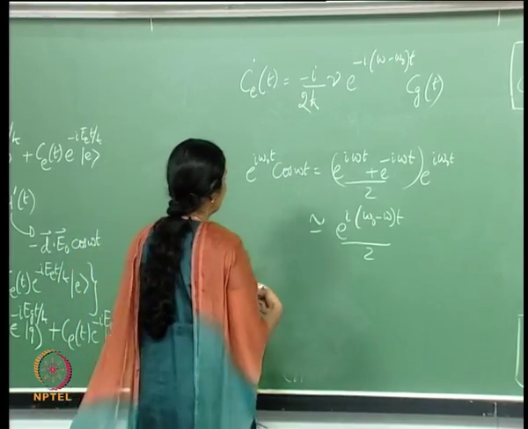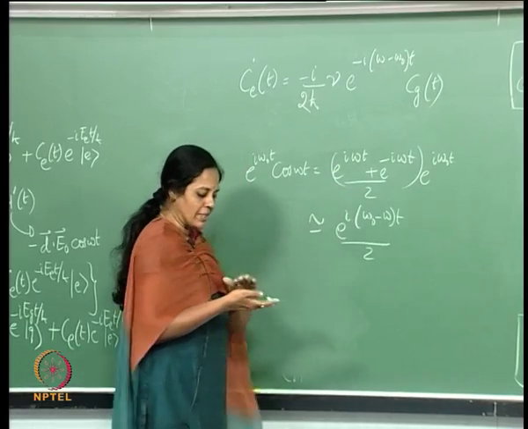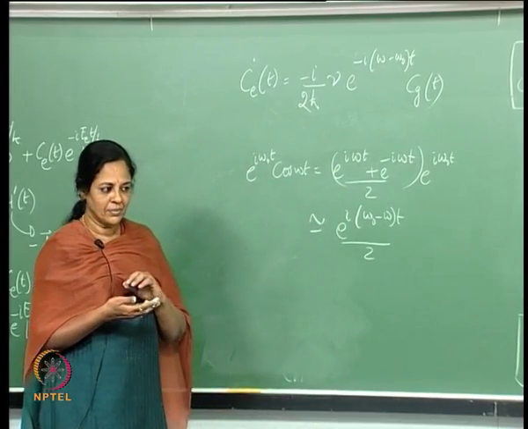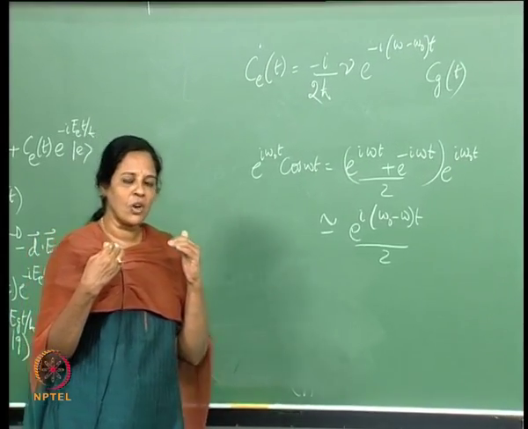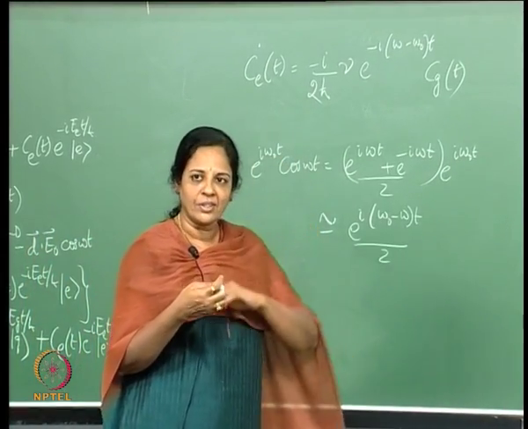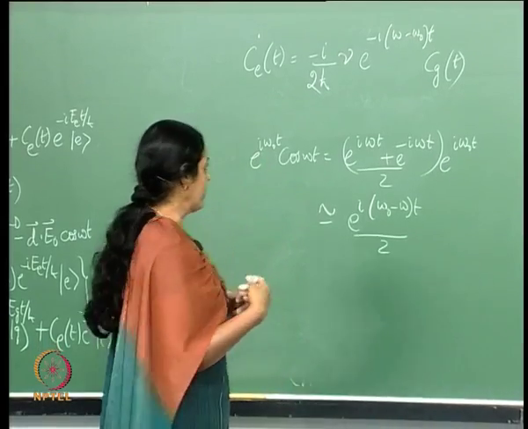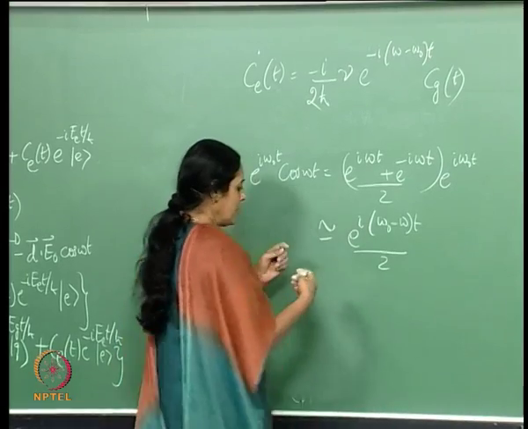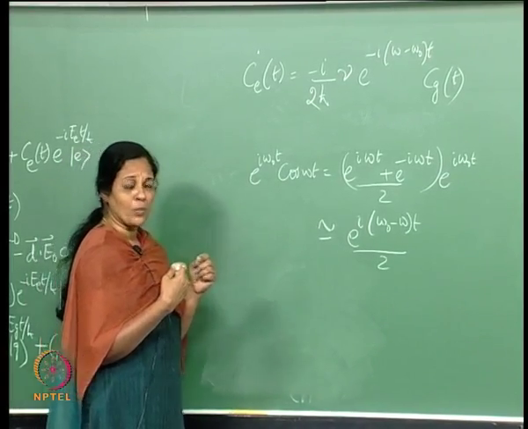However, the reason why this approximation is made is precisely that the original state of the system is not what is preserved. There are two levels that are involved, and the population can jump between these two levels. And the laser is tuned so that omega is very close to omega naught.